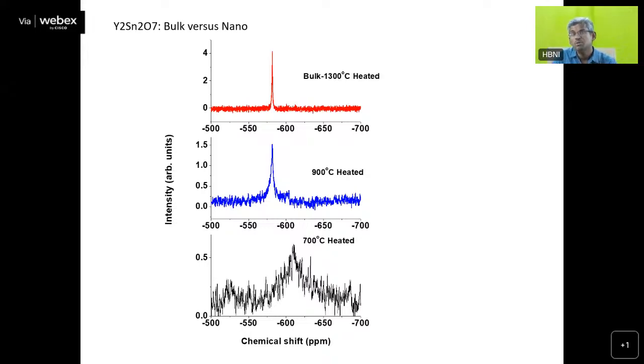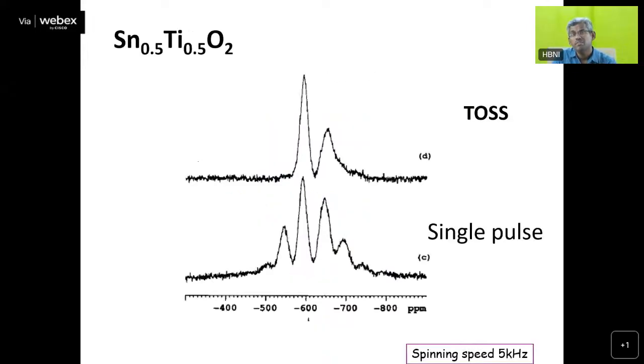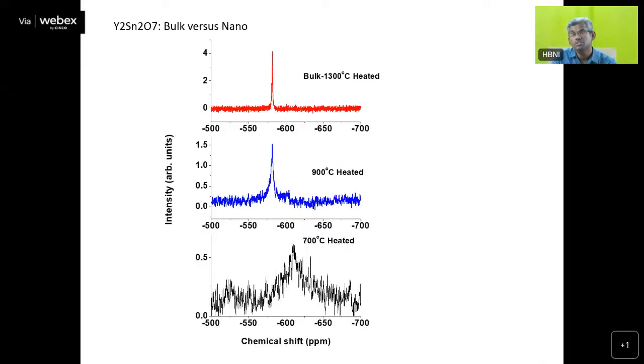Similarly, TOSS may not always be required, but whenever the chemical shift anisotropies are higher, then we need TOSS to get rid of the sidebands. For example, in systems like Y2Sn2O7, which is called a pyrochlore structure. A lot of importance is attached to pyrochlore because it is very widely used in nuclear technology, for waste immobilization and so on. These pyrochlores are highly symmetric structures with tin in the octahedral configuration.